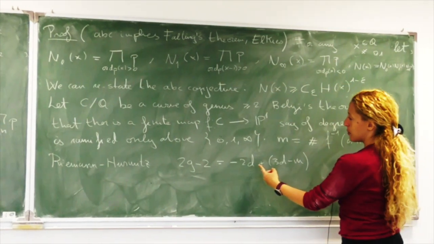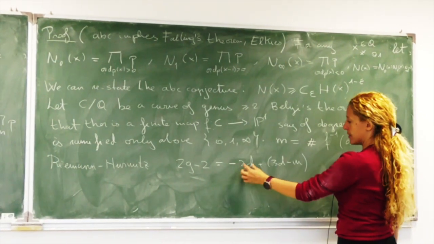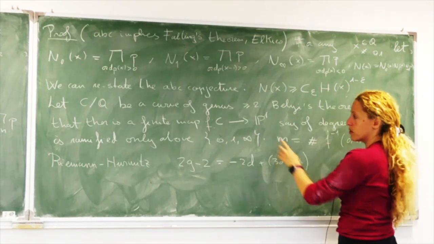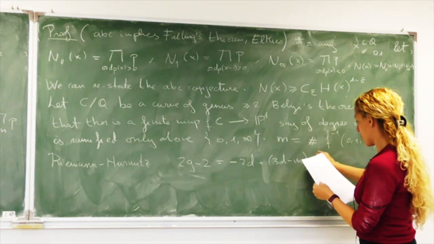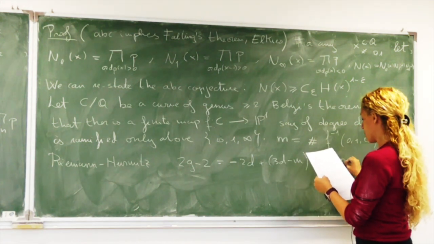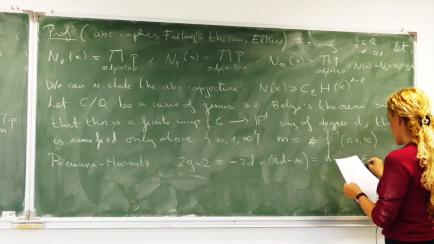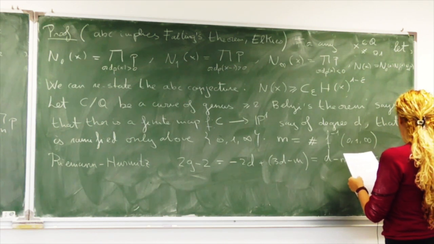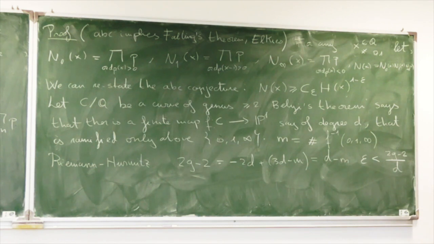This is coming because the degree of the morphism is d and the genus of P1 is 0, and this is a contribution that is coming from the ramification points of the morphism. So we have this, but we can develop it to get this thing. Okay? So now I get epsilon smaller or equal than 2g divided by 2 minus 2 divided by d.